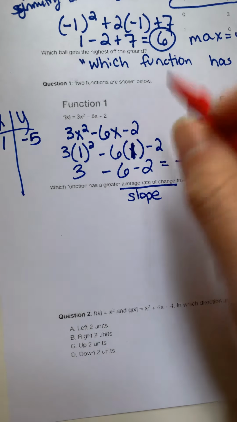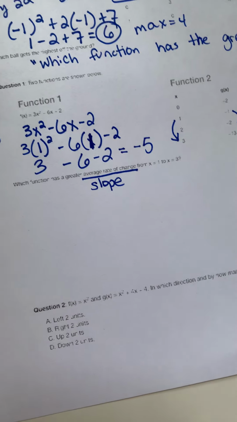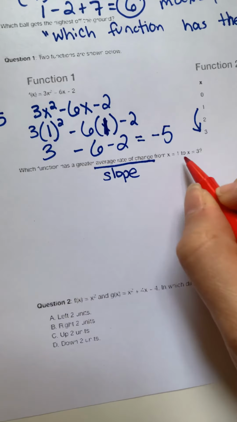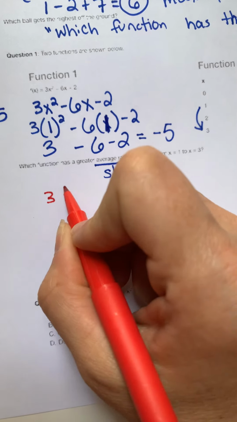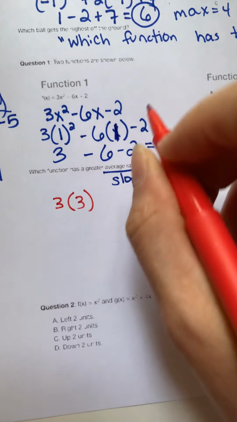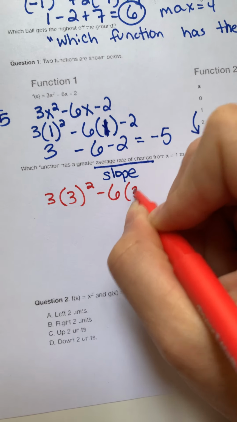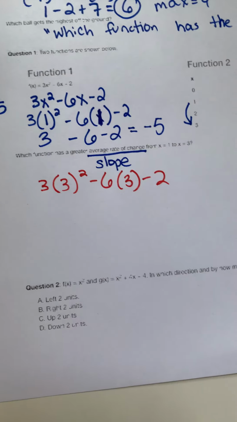Now I'm going to see what happens. And I left some extra room down here, so I've got plenty of space. When x is 3, so I'm going to take the same equation, 3 times 3 squared minus 6 times 3 minus 2.